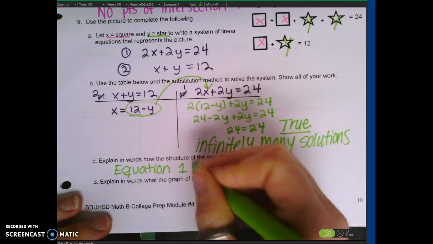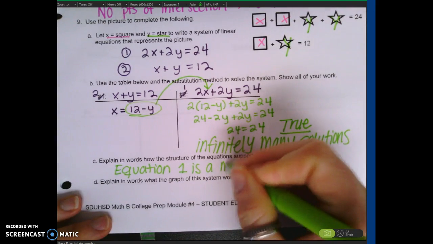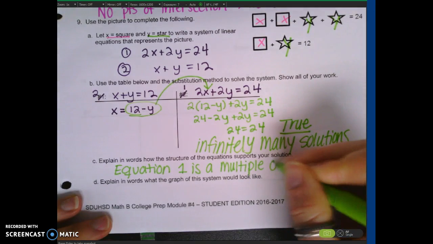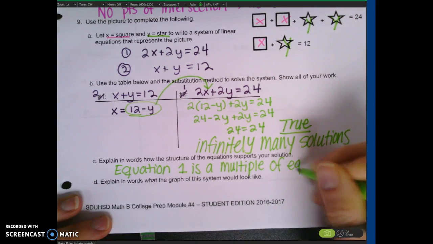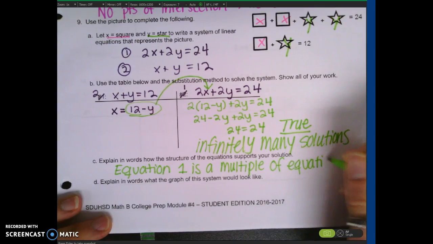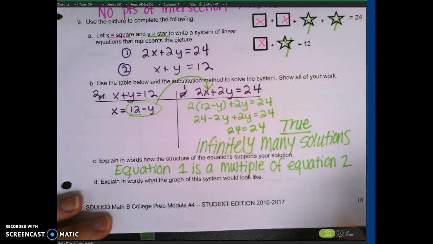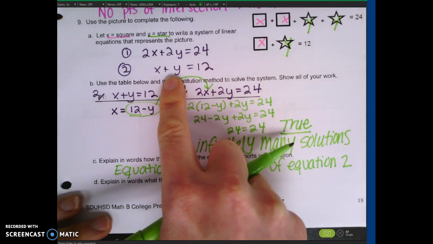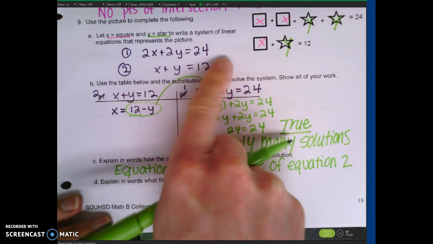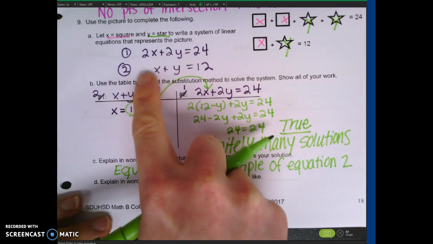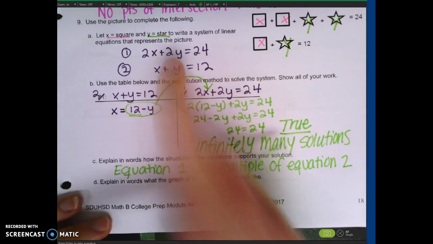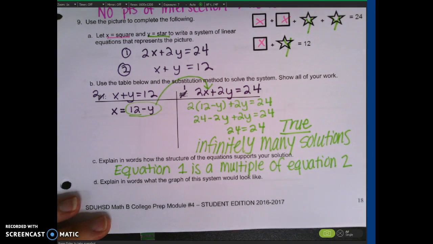In fact, I only have to multiply equation 2 by 2 and I get exactly equation 1. 2x plus 2y equals 24. They're the same exact equation.